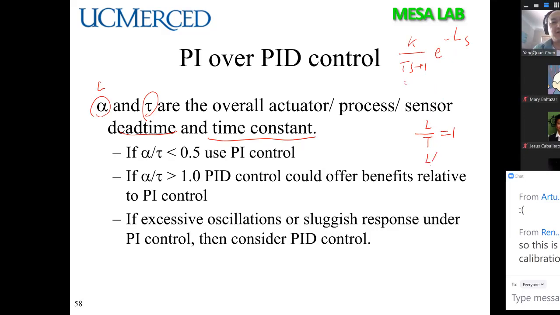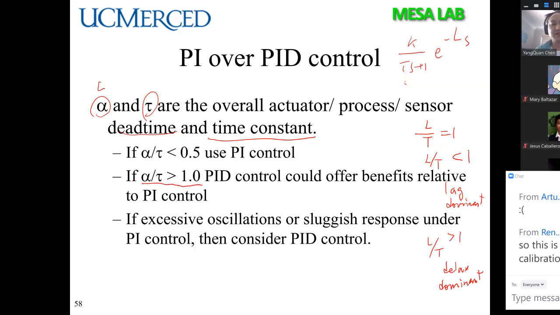If L divided by T is less than 1, that means L is small, and this is called lag dominant. If L divided by T is greater than 1, then we call this delay dominant.